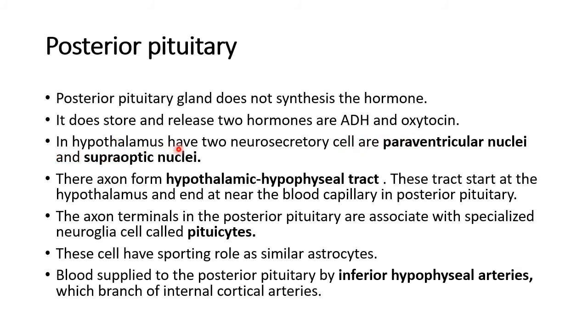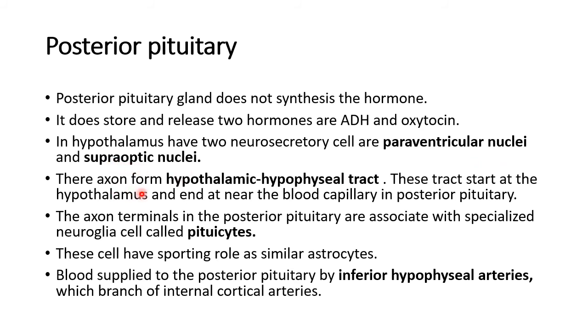Okay, in the hypothalamus, for the posterior pituitary hormone regulation, we have two types of neurosecretory cells. One is the paraventricular nuclei, another one is the supraoptic nuclei.